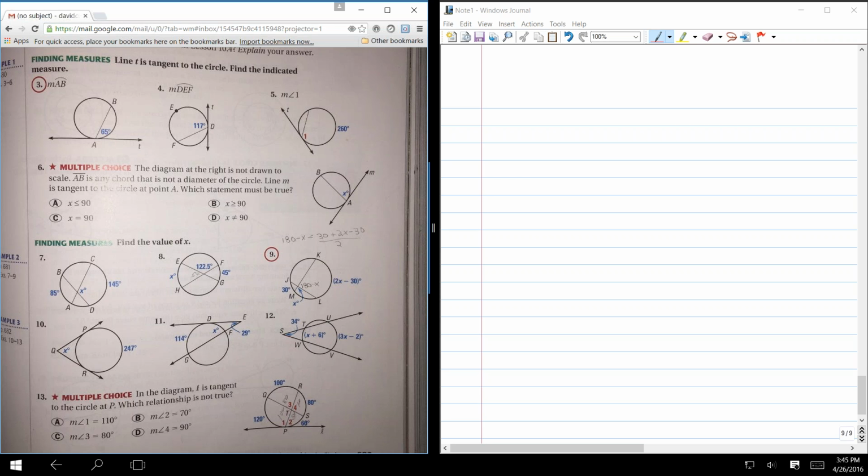AB is any chord that is not a diameter of the circle. Okay, they're merely telling us that AB does not go through the center of the circle. Line M is tangent to the circle at point A. Which statement must be true of those 4 statements?